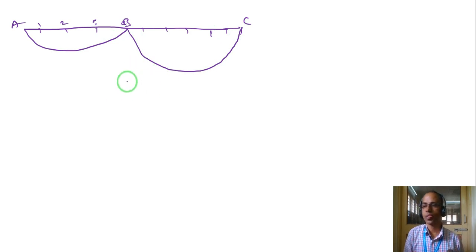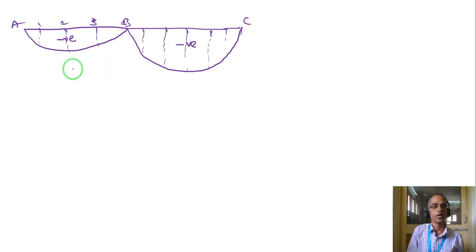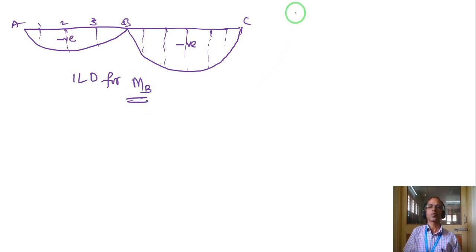So this is very important. At every 1 meter interval, I will get the vertical ordinate. So we need to see the corresponding portion to get the ordinates. So by substituting, I can get the ordinates. So this will be the ILD ordinate, and this is the ILD for moment at B, which is the intermediate support. Thank you.